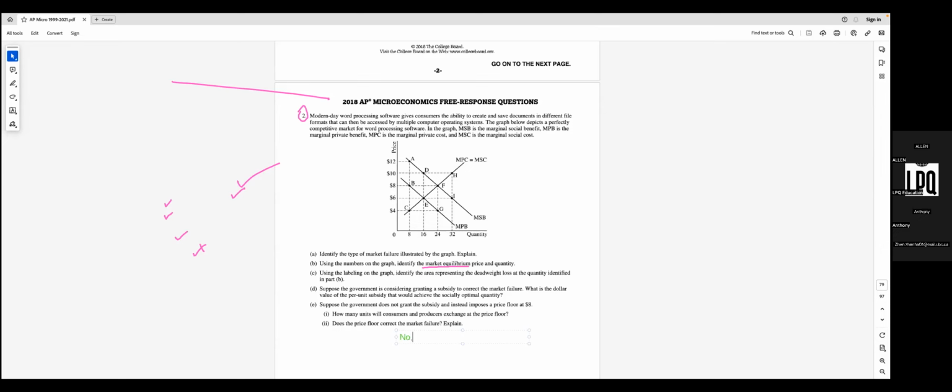No. Does the price floor decrease the quantity exchanged in the market?